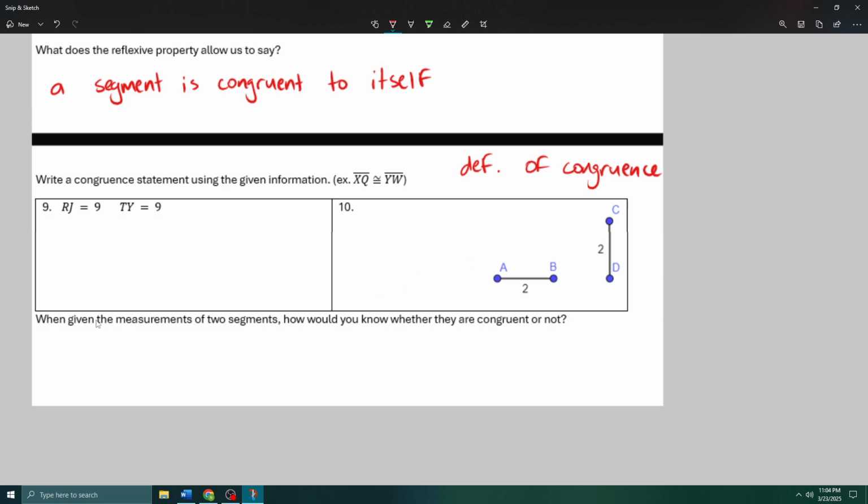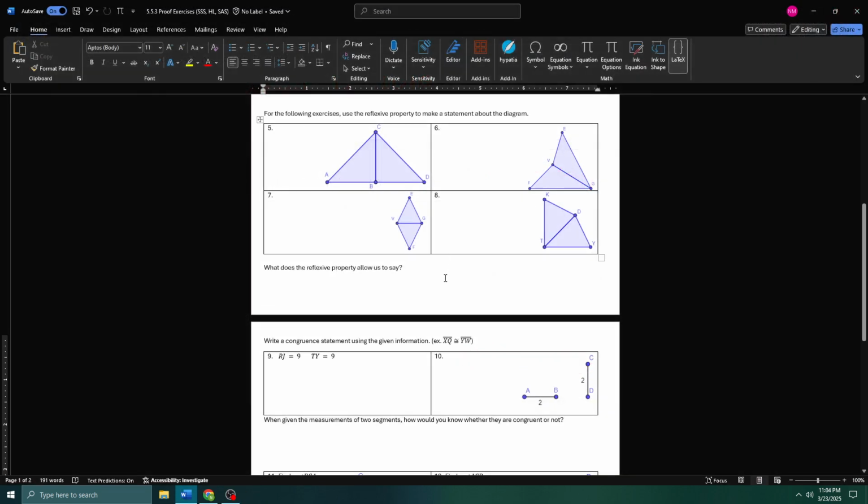So, given the measurements of two segments, how would you know whether they are congruent or not? Well, it's exactly what I give you in 9 and 10 as well. When given the measurements, I'll give you a hint. This little phrase should be part of your answer. Are equal should be part of your answer, okay?